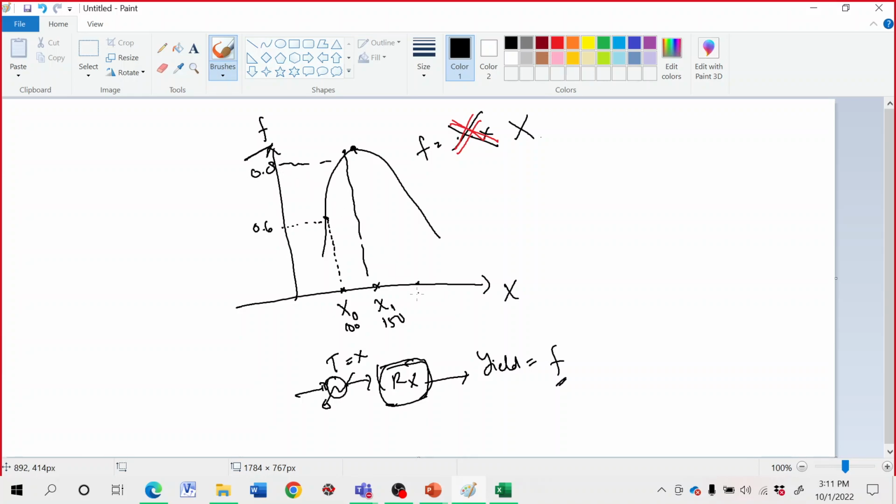And if you move 50 more, to 200, you get something like 0.7. So it's 0.6, 0.8, 0.7, and somewhere between 100 and 200 degrees C there is a maximum point. Is it the 0.8? It's something that we don't know.